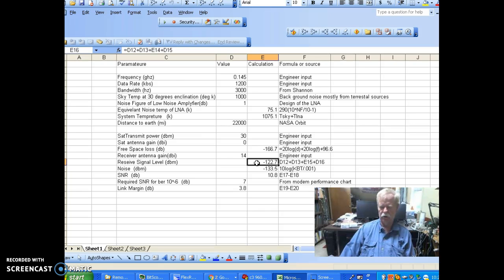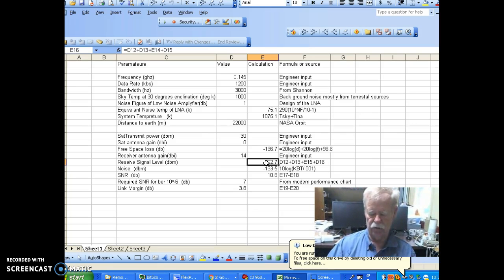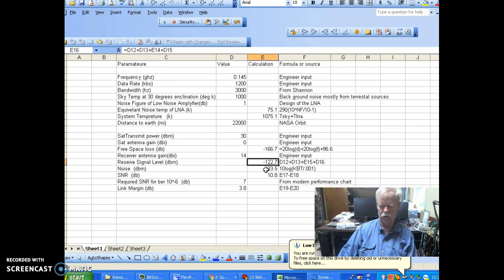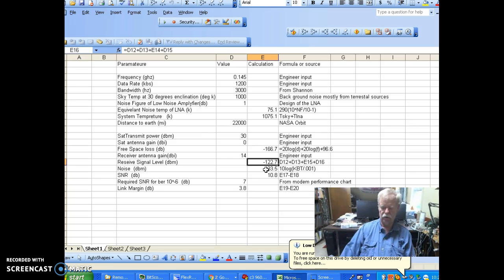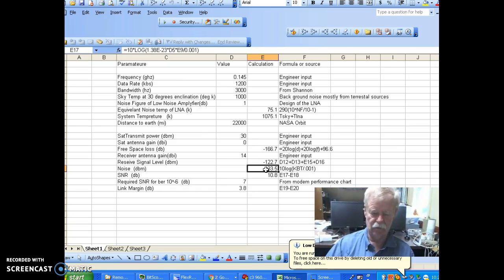So now we've done half of the equation. We have calculated the amount of signal that the satellite sends to the ground. Now the next thing we have to do is figure out how much noise is on that signal. If we know the temperature of an object, we know how much power it emits. This was described in some equations by Planck, incidentally, a couple of centuries ago.